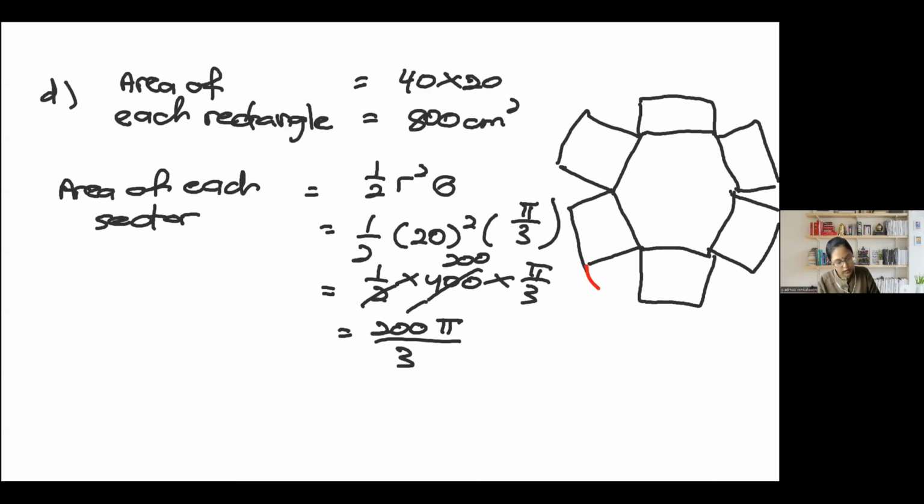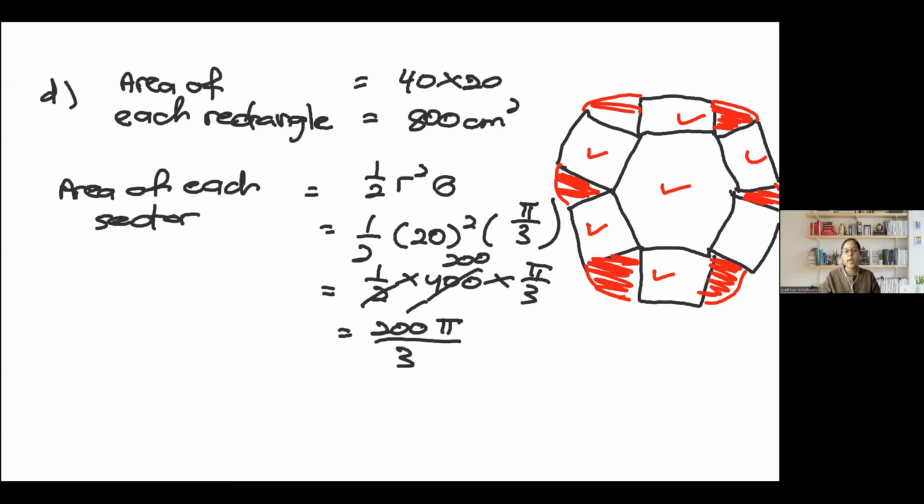And if you look at the curved area, this is the area of each sector. When you add all of this up, you get the total region enclosed by the rope. So we have got the area of the hexagon, we have calculated the area of the rectangles which are outside, and we have calculated all the curved sectors, the ones that I'm shading now, using half r squared theta.